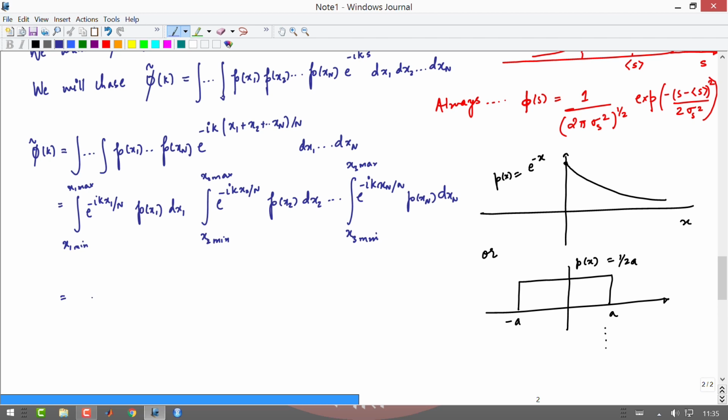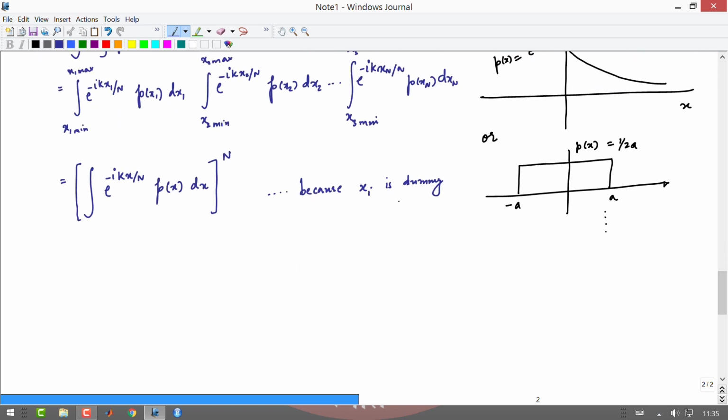So, this is like integral e raised to minus ik x by n into p of x dx, whole raised to power n, because there are n such integrals.